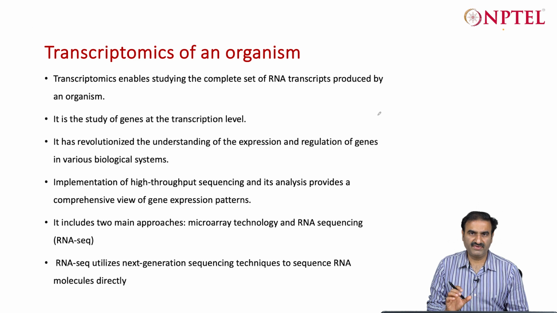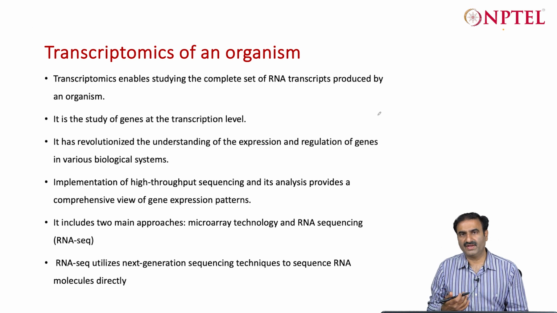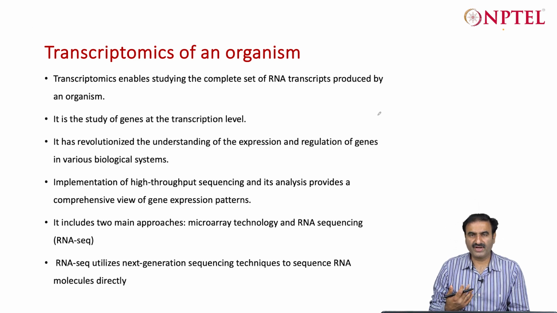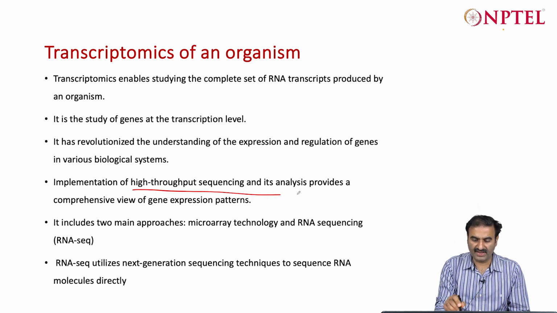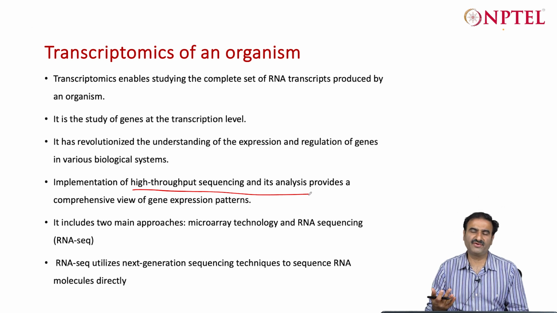So basically you are dealing with the mRNA component in the transcripts, and this helps to understand the disease expression level that varies during the disease, or regulation of genes in various biological systems. You can conduct a high throughput sequencing analysis, because by sequencing you can know the copy number as well as the expression information, like which genes are expressing and how much they are expressed.